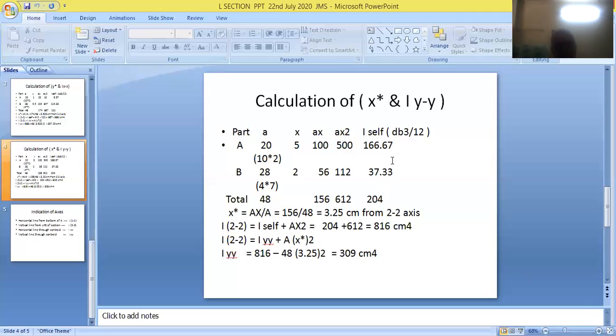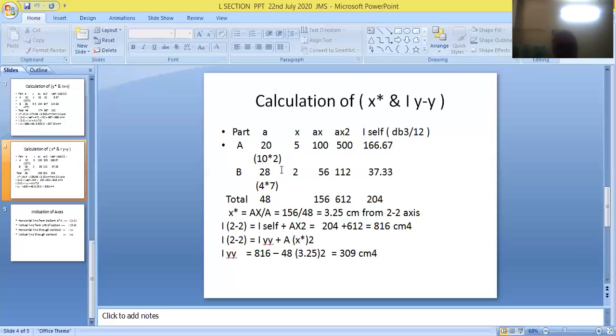So selection of BD values, whether it is previous slide or this slide, is very crucial, essential. Selection of proper BD values is very essential for making these calculations. There it is written as BD cube by 12 and here it is written as dB cube by 12. So we have to select these values properly.